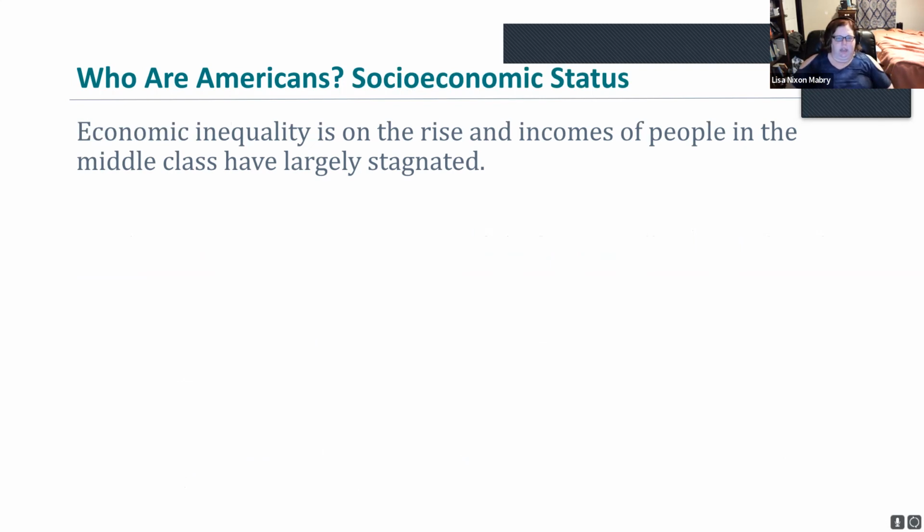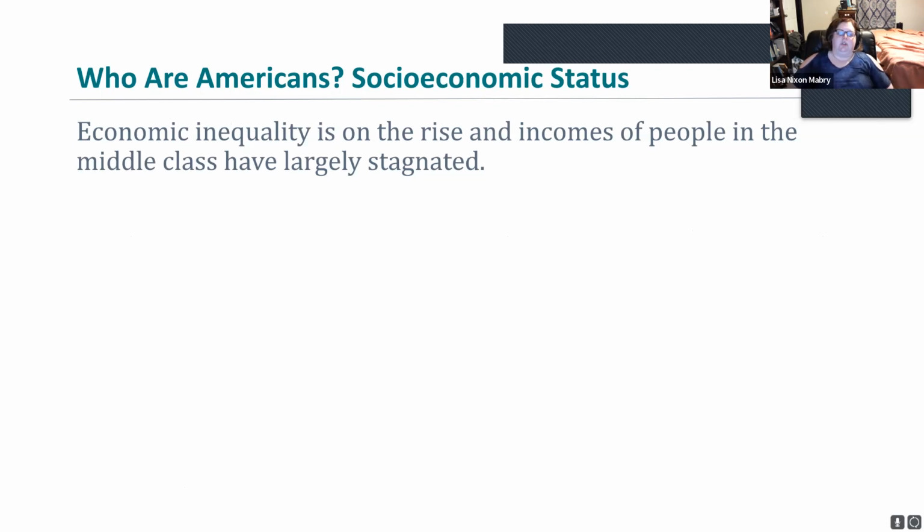So income inequality and economic inequality in general is a very big problem, and it's on the rise, and we're losing the middle class as a result. We're having a much larger gap in recent years between the poor and the rich, the haves and the have-nots.